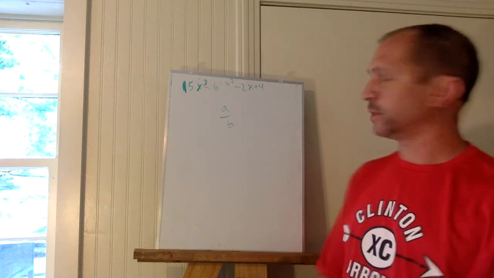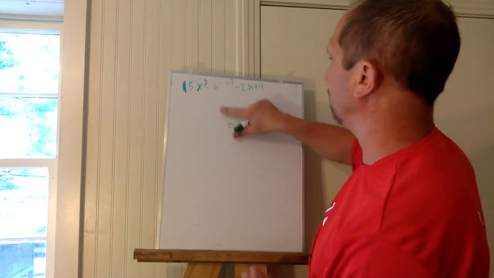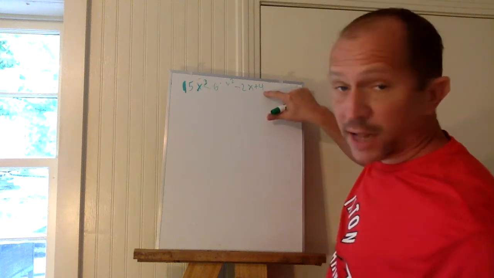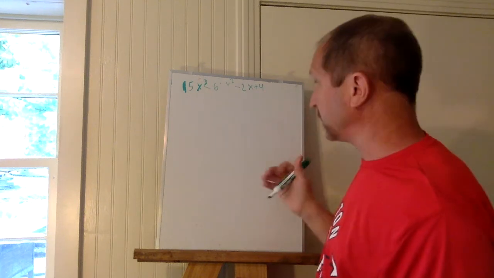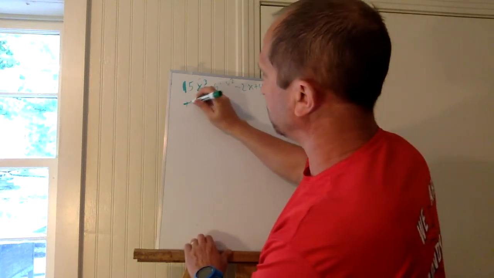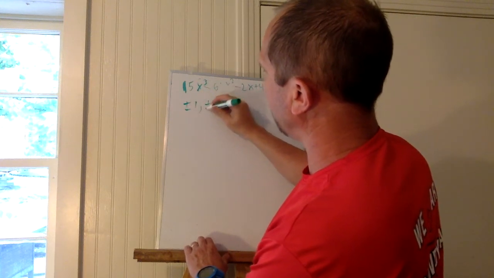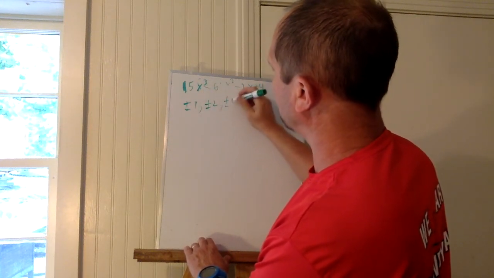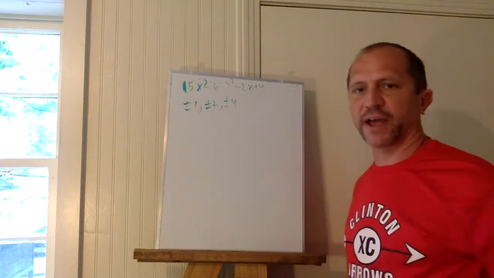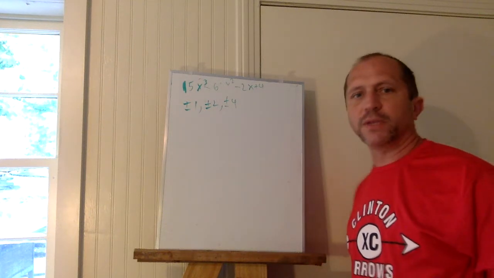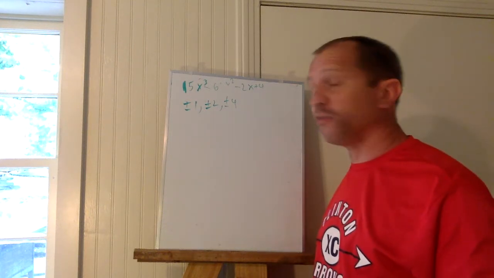So what we do is we take all of the factors of our constant term. In this case, it's 4. So we have plus or minus 1, plus or minus 2, and plus or minus 4. Those are going to be all of my factors of 4. And then we take all of the factors of our leading coefficient.